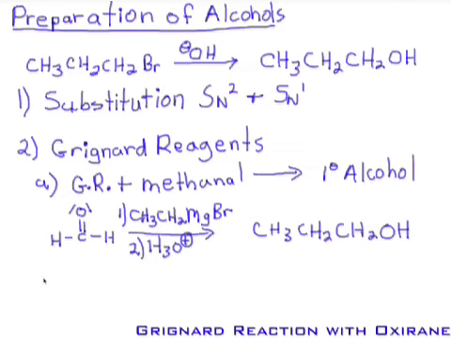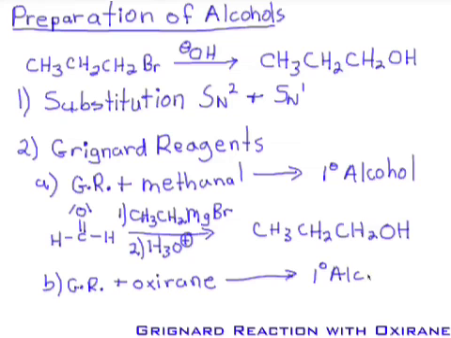A new Grignard reaction is the reaction of Grignard with Oxirane. Grignard plus Oxirane will also give us a primary alcohol, but it gives us a primary alcohol with 2 carbons more than the Grignard.